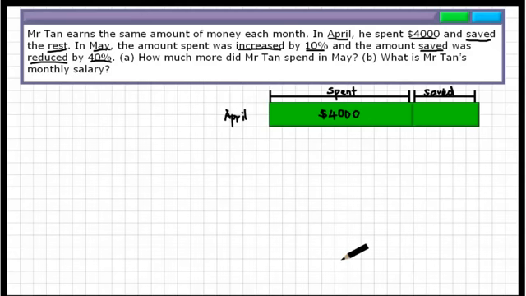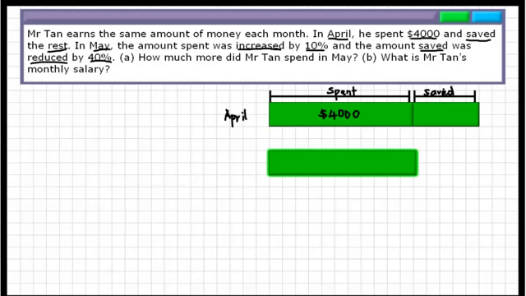Next, we will draw the model for May. He earns the same amount, so the model will have to be the same size.